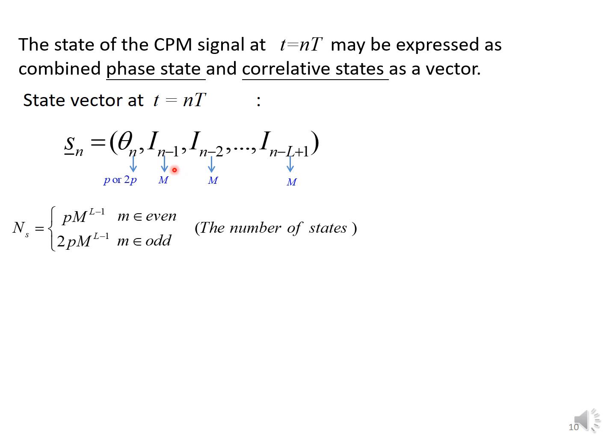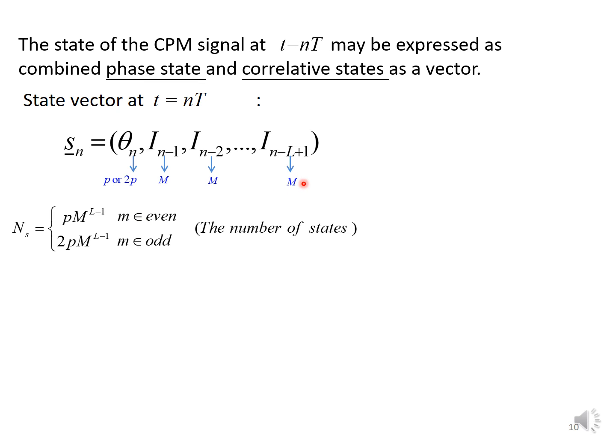L is the length of the pulse. So there will be this many number of states.